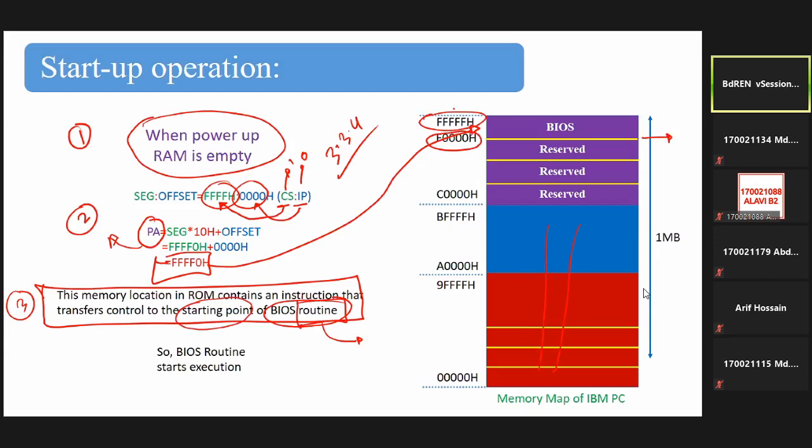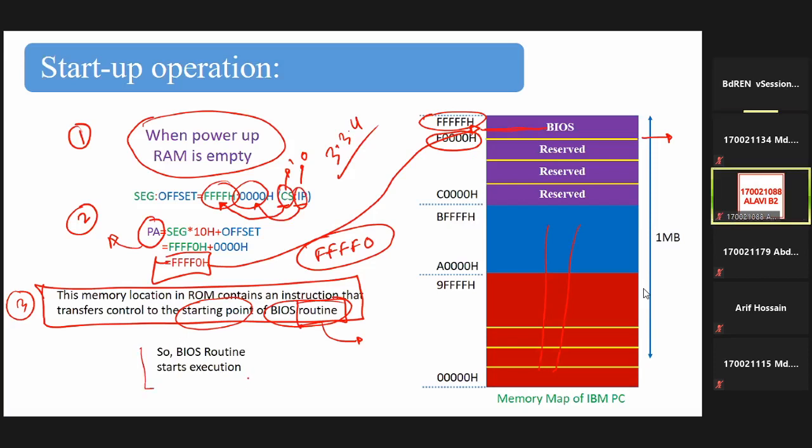Is it clear? Yes, sir. So FFFF0 has a particular instruction that transfers the control to the starting of the BIOS. This is something in the middle, but it is easier to set CS and IP at the beginning. Okay, whatever.